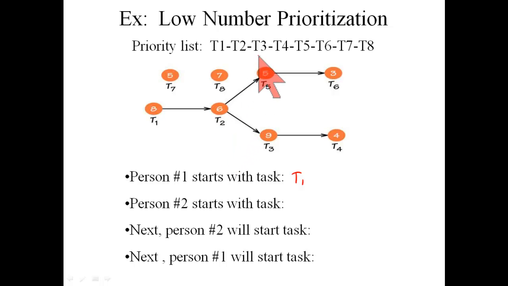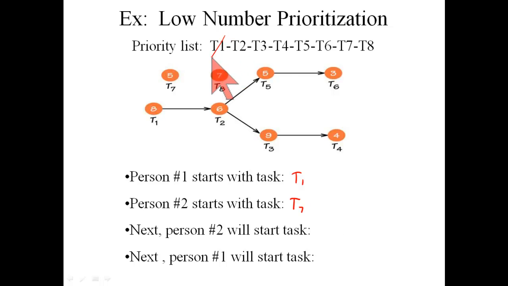So back to the priority list. Task 3, is it ready to be done yet? No. Task 4, is it ready to be done yet? No. Task 5, no. Task 6, no. Task 7, yes. Task 7 is ready to be started. It has no prerequisites. And so I say to person number 2, all right, you start on task 7.